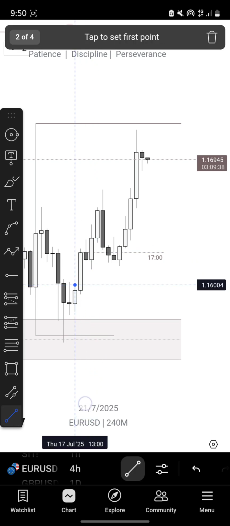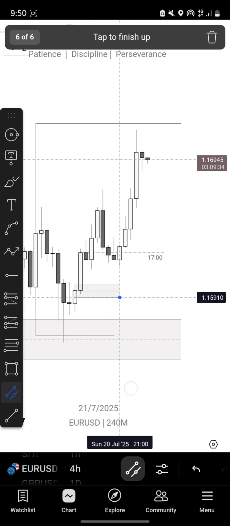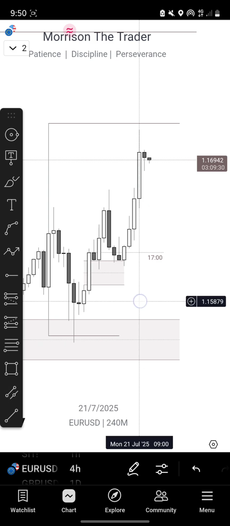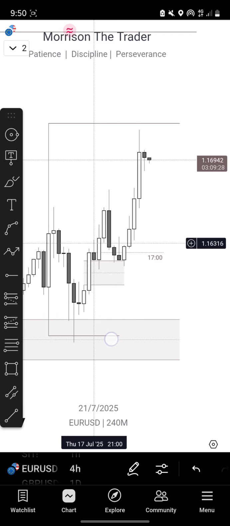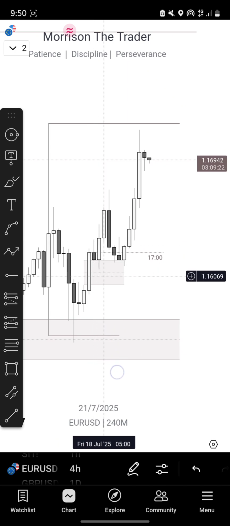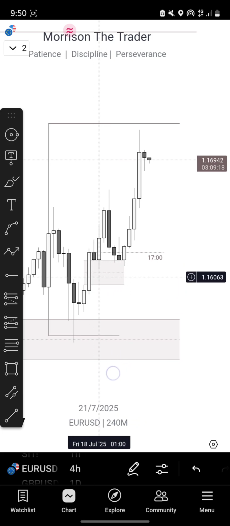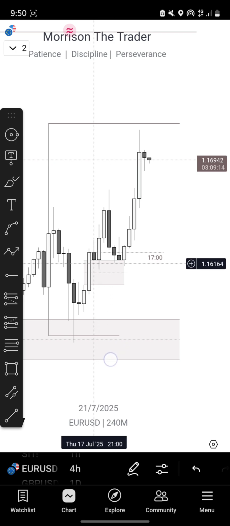A fair value gap right here. We had a 4-hour fair value gap inside Thursday's range. So immediately Friday opened, this 4-hour candle right here, that is the 1 a.m. 4-hour candle, dipped into the 4-hour fair value gap, right? And then it reversed. So you can see it dipped into it and closed outside.